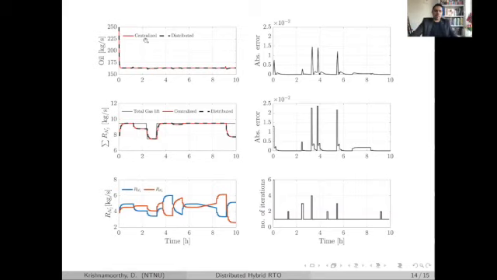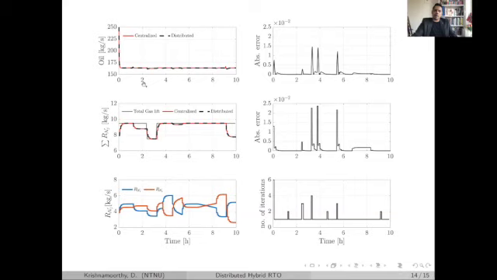So on this side, first we show the total oil that is produced by using the different approaches, where the proposed approach is shown in black dashed lines and the centralized approach is shown in red solid lines. And we see that the performance is near identical. And when we look at the absolute error between the centralized approach and the proposed distributed hybrid RTO approach, we see that the absolute error is very low, meaning that you're able to get a very similar performance by using the distributed framework.